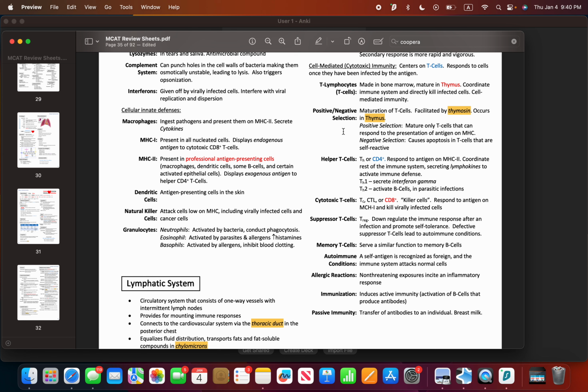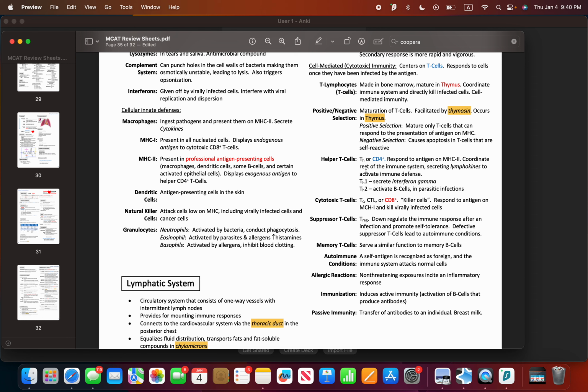But when the helper T cell is involved, then we know that it's an adaptive immune response. So the helper T cell, TH or CD4 plus, responds to antigen on MHC2.